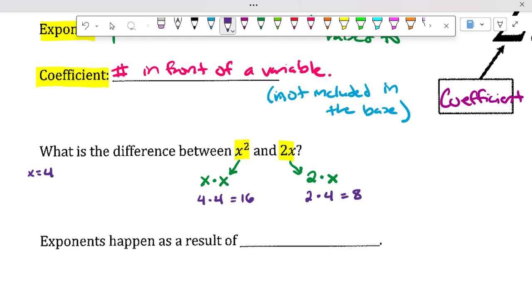Is it 2? It's 2. We just did 4. So 2 is the only value that makes that statement true. 2 squared is 4, 2 times 2 is 4, which makes sense because you're basically just expanding 2 squared.